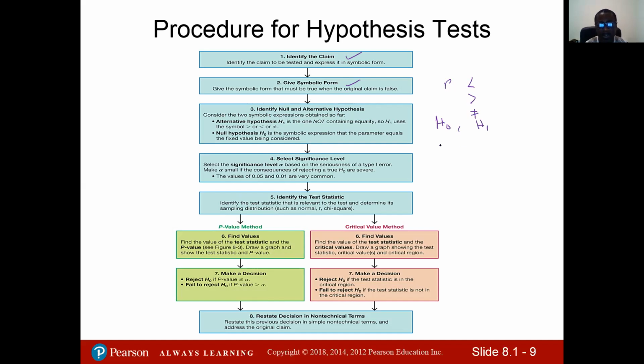After that, you need to select your alpha, which is your significance level, and then you calculate your test statistic. Then you can either use the p-value to decide, or you can use the critical value to decide. Again, in this section 8.1, I'm just laying down the foundation and will be more specific in sections 8.2 and 8.3. So this is a general procedure.